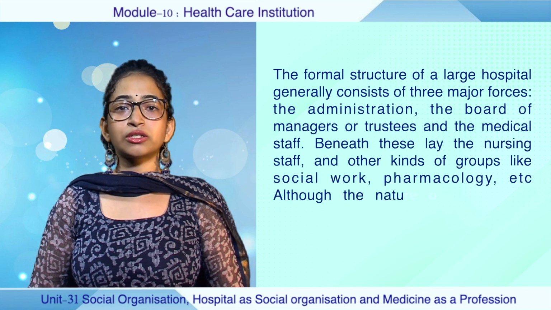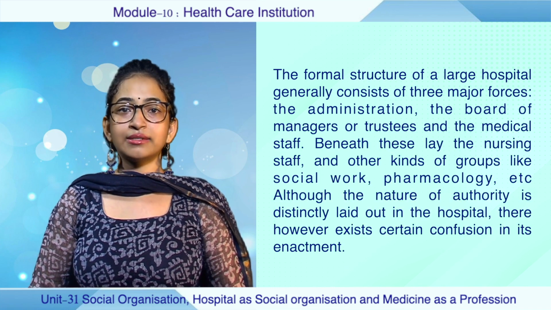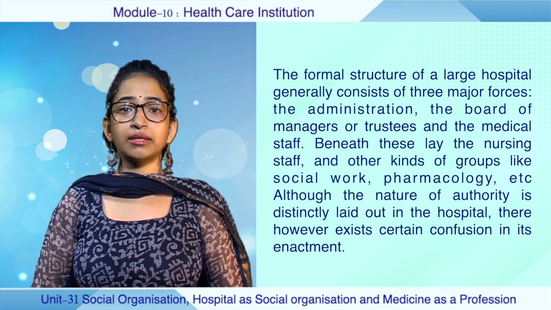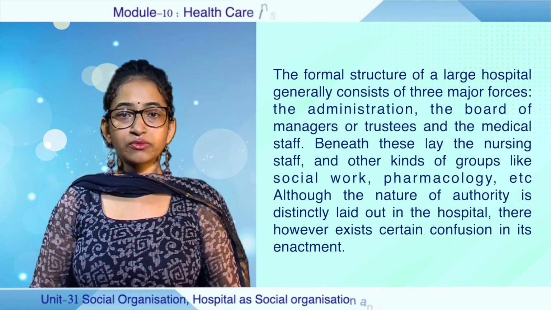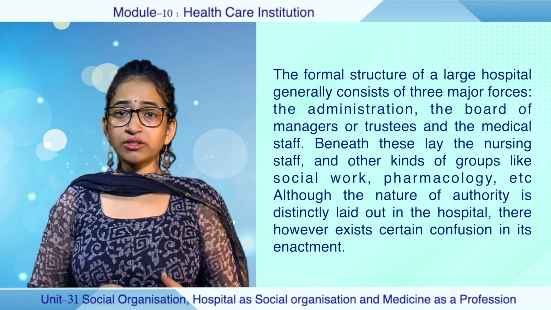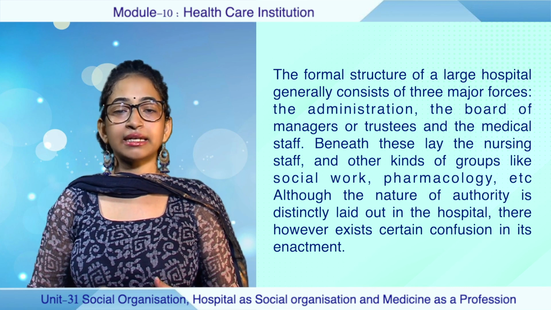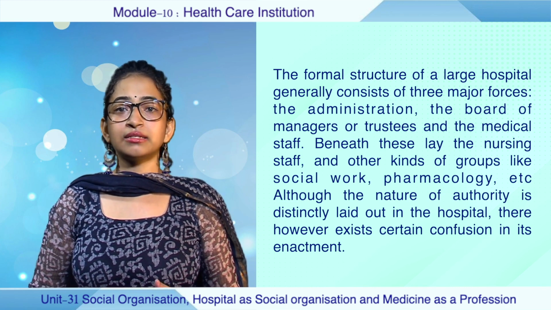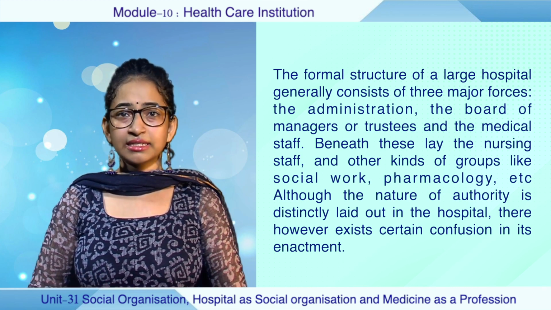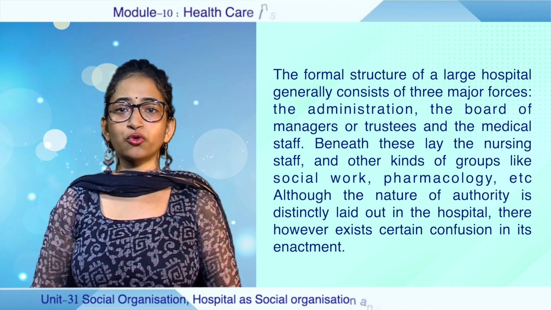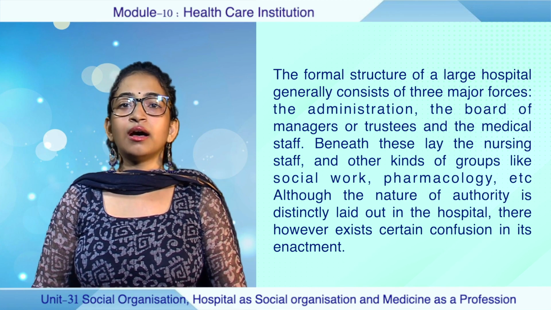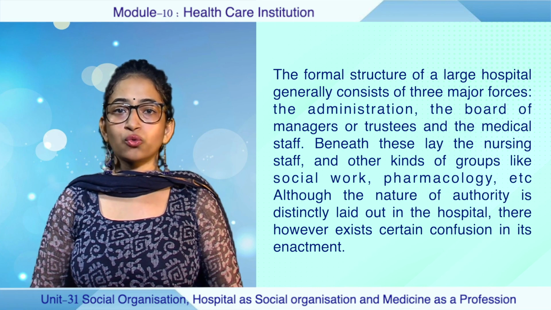The formal structure of a large hospital generally consists of three major forces: the administration, the board of managers or trustees, and the medical staff. Beneath these lay the nursing staff, and other kinds of groups like social work, pharmacology, and so on.